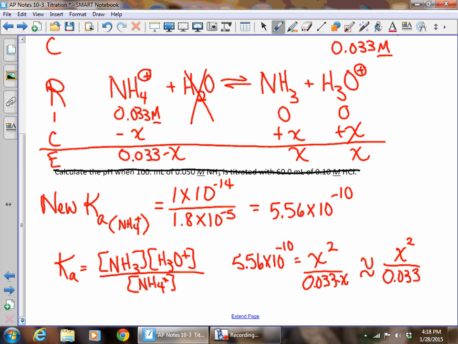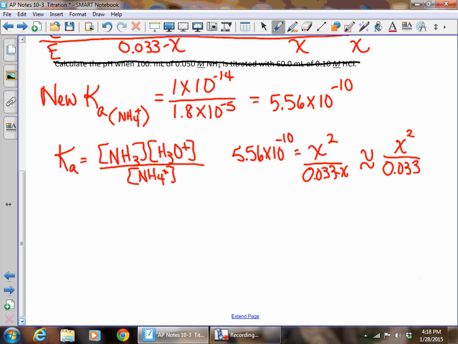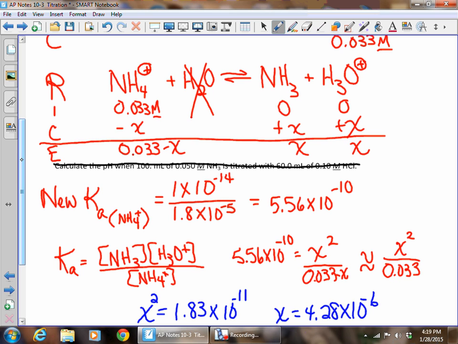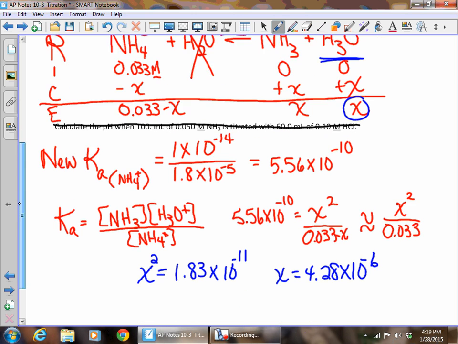Solving for x, I actually solve for x squared on this, so x squared is going to be 1.83 times 10 to the minus 11th. So square rooting that, we get an x value of 4.28 times 10 to the minus 6th. And let's remind ourselves what x is this time. X is H3O plus. That is our acid.